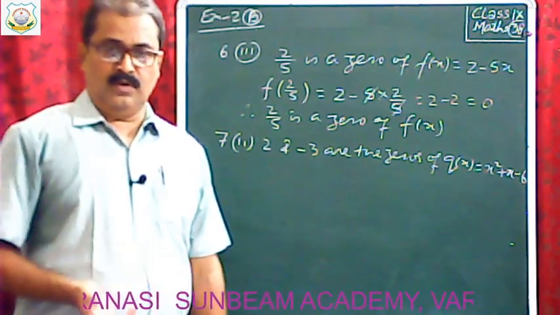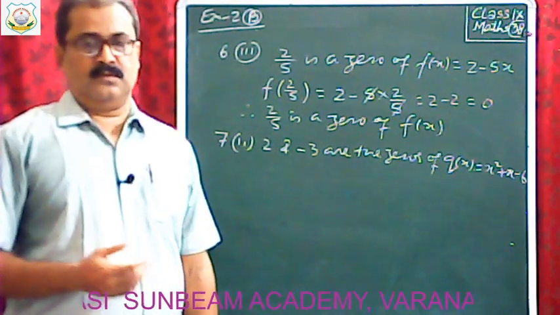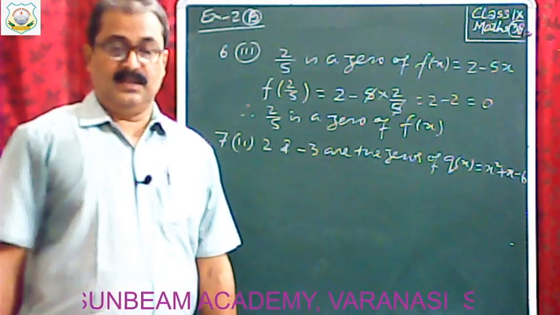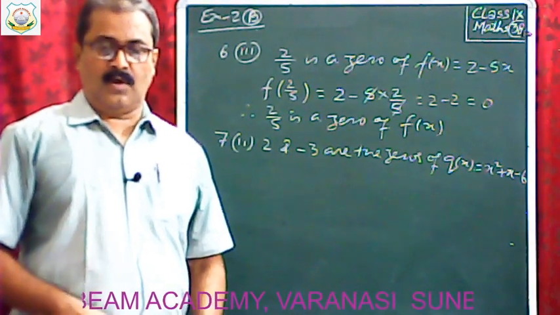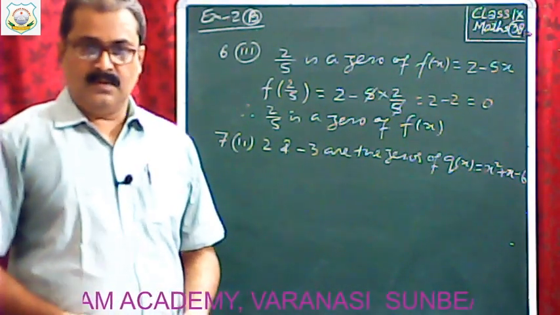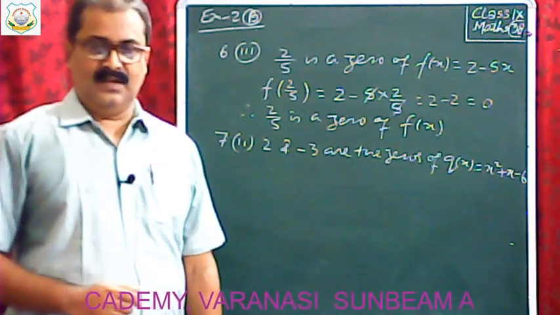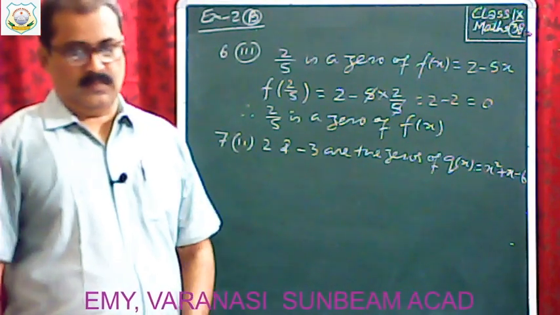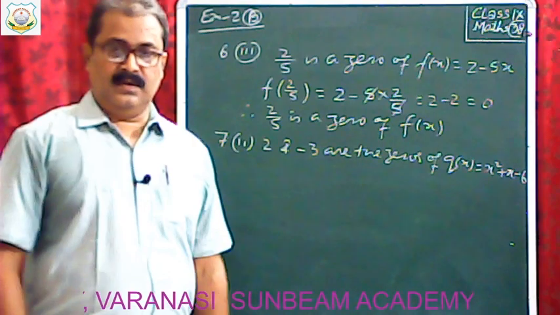In case of a cubic polynomial, 3 degree polynomial, at most we get 3 zeros. Suppose a 7 degree polynomial is given, how many zeros do we get? Maximum 7. So the number of zeros depends on the degree of the polynomial. We can say at most the number of zeros is according to the degree of the polynomial.